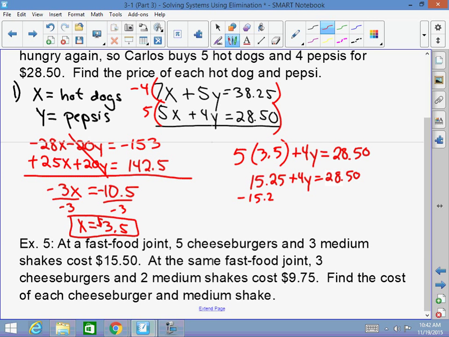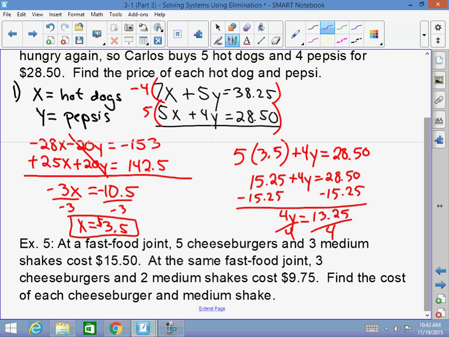Subtract 15.25 to both sides. 4y equals 8. No. 13.25, my man. And then divide that by 4. And 13.25 divided by 4.